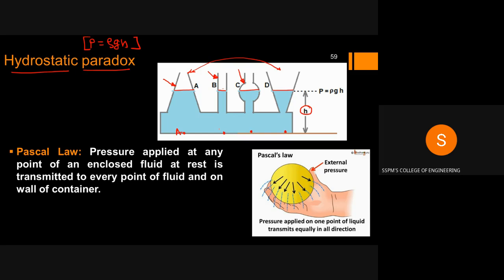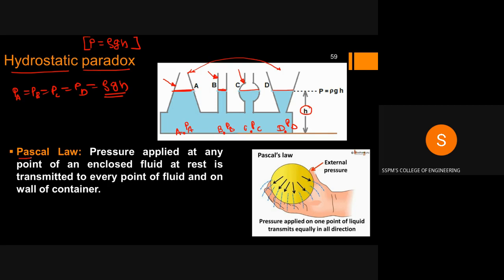So let us take these points as A, B, C, and D. For all the points, pressure PA, pressure PB, pressure PC, and pressure PD will remain the same. And this pressure only depends on the equation rho gh. It will not depend on the cross-sectional area. So this is called the hydrostatic paradox.